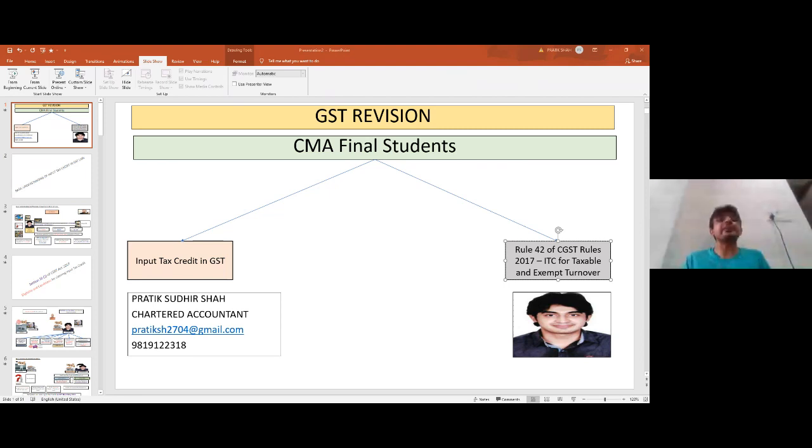So you can take the ITC till the due date of filing GSTR 3B of September 2022. The second condition is till the date of filing the annual return for the relevant financial year. So for financial year 21-22, that is 9 months from the end of the financial year.